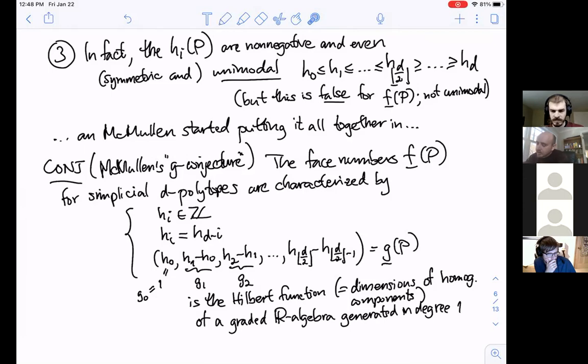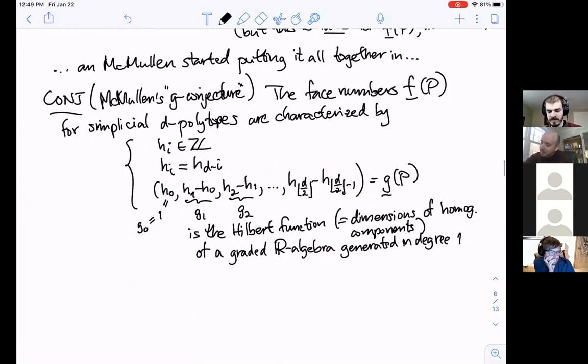Okay, so this maybe doesn't sound like a friendly thing to say, but in fact, these Hilbert functions for rings that are generated in degree 1 had already been studied by Macaulay back in the early 20th century. And he had written down the inequalities that characterize the vectors which can be the dimensions of the degrees of a ring generated in degree 1. So this, in fact, is really a set of explicit inequalities on these h's. In particular, it shows that h_0 or g_0 has to be 1.